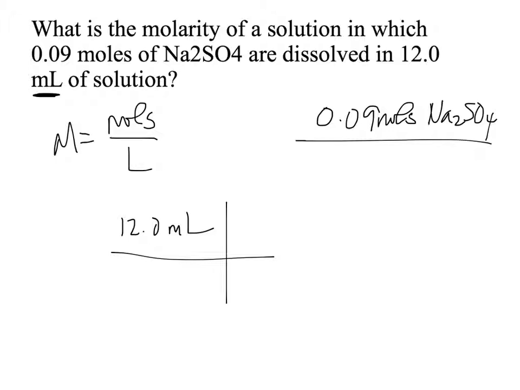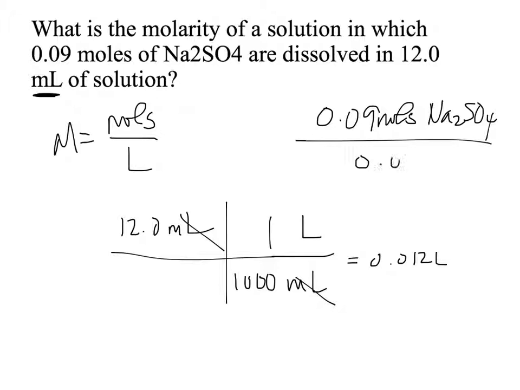I want to put the mils on bottom and the liters on top. And as you recall, I always give the bigger unit the value of 1. So 1 liter is 1,000 mils. Mils cancel. If I take 12 and divide it by 1,000, I end up with 0.012 liters. And so I'm going to just plug this into my formula.